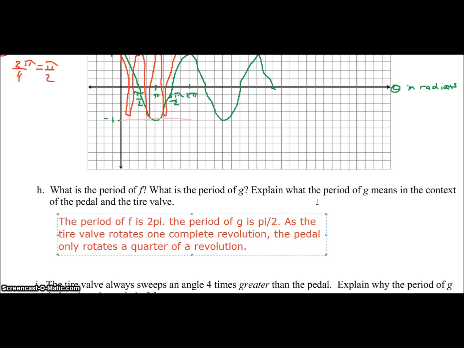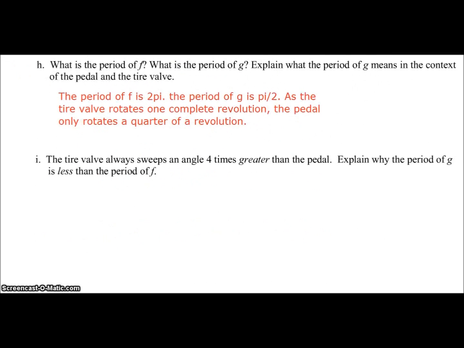Because the pedal is only sweeping out pi over 2, that's 1/4 of the entire revolution. But that makes the tire go around an entire revolution. The tire valve always sweeps at an angle 4 times greater than the pedal.